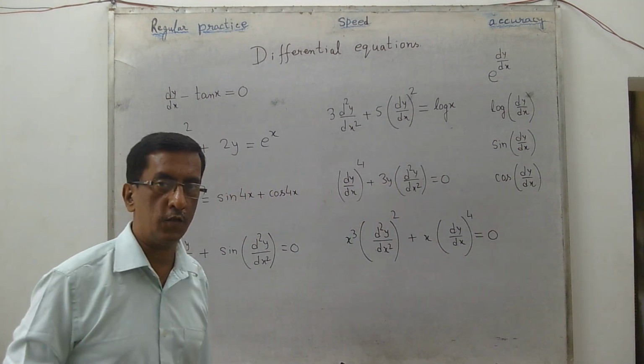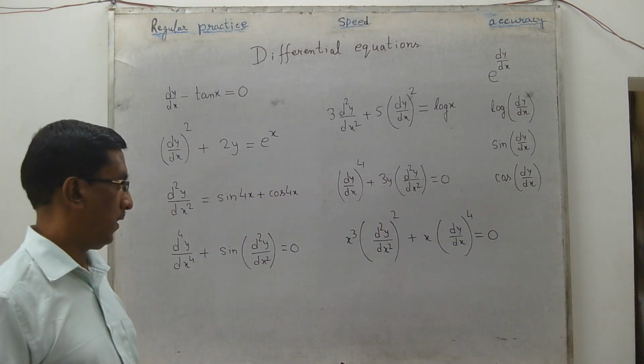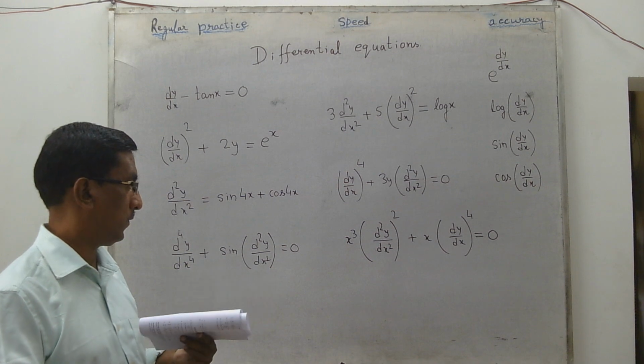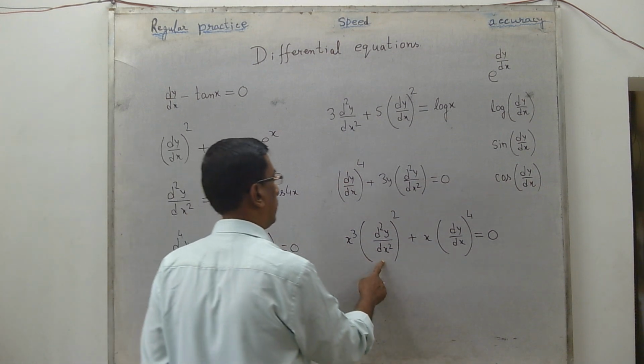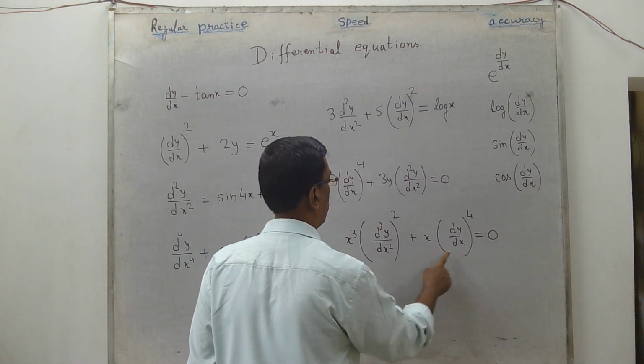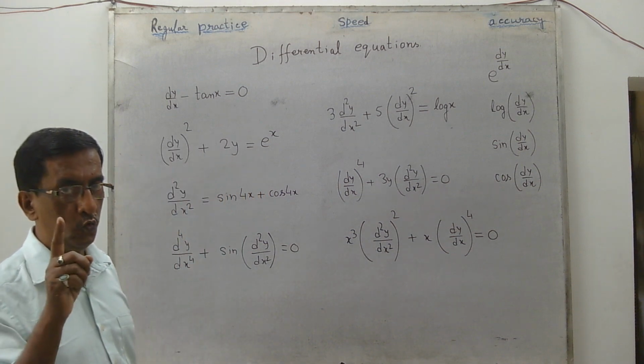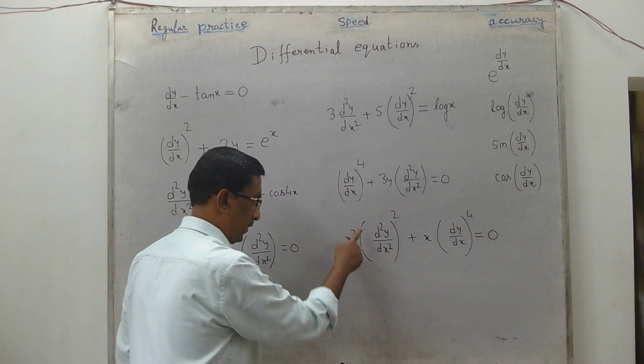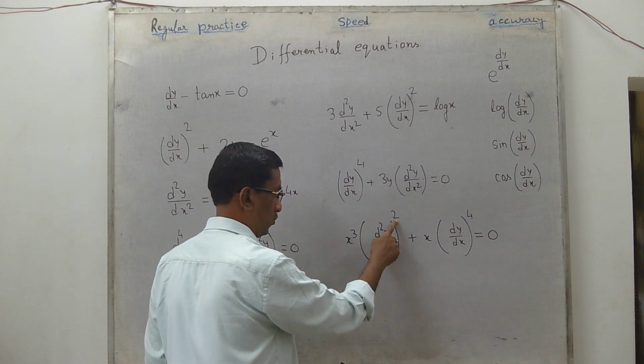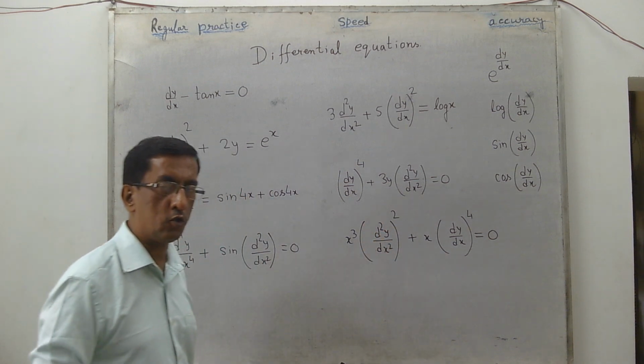This is the differential equation. Now this is second order, this is first order. We take the highest order, so order is 2 and the power of this highest order derivative is 2, so degree is also 2.